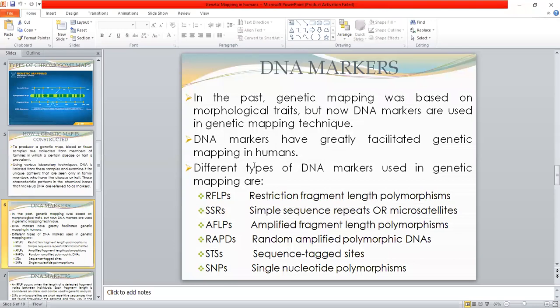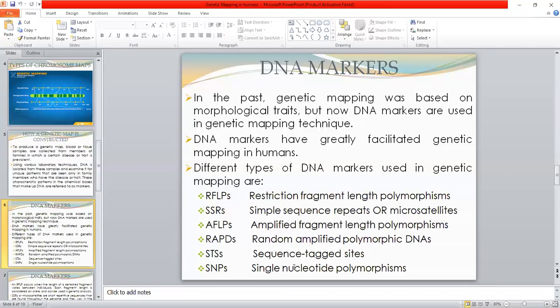The different types of DNA markers used in genetic mapping in humans are RFLPs, restriction fragment length polymorphisms; SSRs, simple sequence repeats or microsatellites; AFLPs, amplified fragment length polymorphisms; random amplified polymorphic DNAs, RAPDs; STS, sequence tagged sites; and most recently, the DNA marker extensively used in genetic mapping is SNPs, single nucleotide polymorphisms.